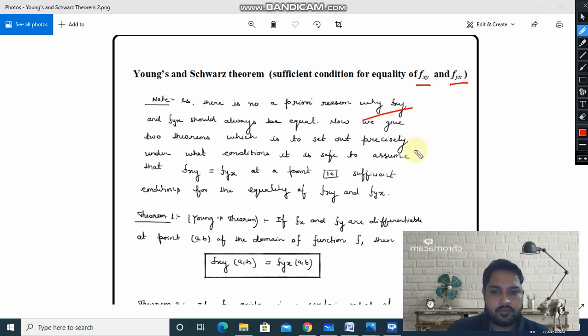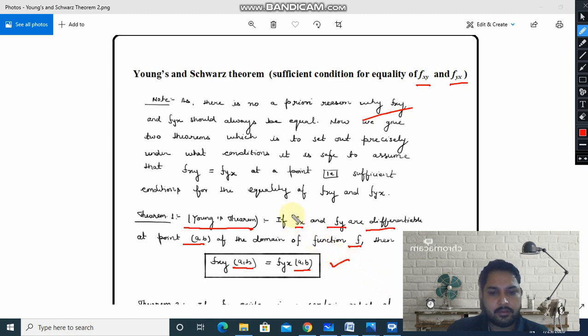The first condition we obtain by Young's theorem, and this theorem says that if fx and fy are both differentiable at the point (a,b), then fxy at (a,b) and fyx at (a,b) will be equal.